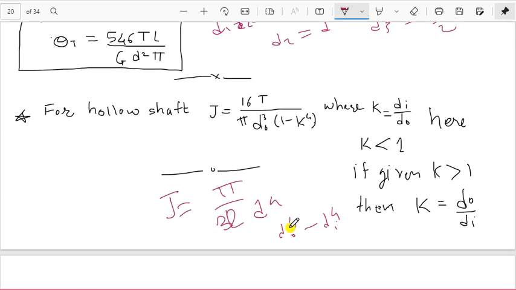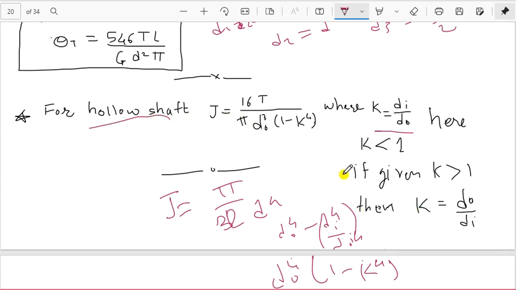If I divide this by dO, then what can I write? Like this, dO to the power 4 in bracket 1 minus, let us put this value equal to k, like this, 1 minus k to the power 4. And we will find this value like this for hollow shafts.